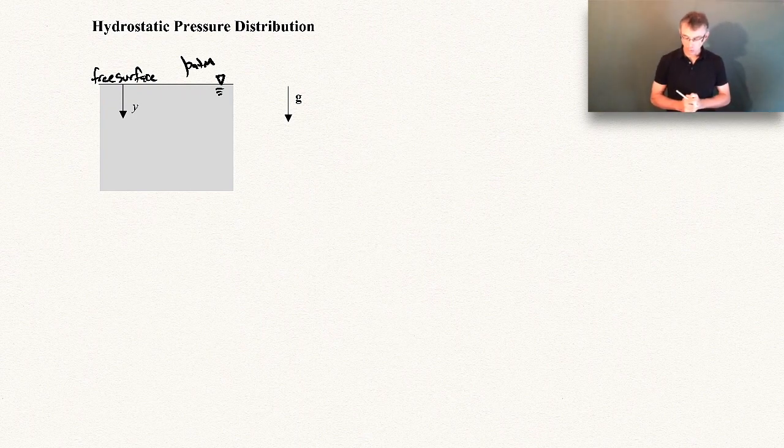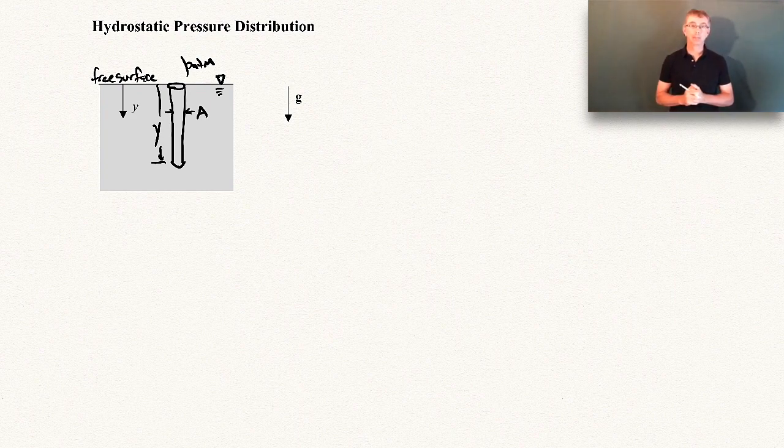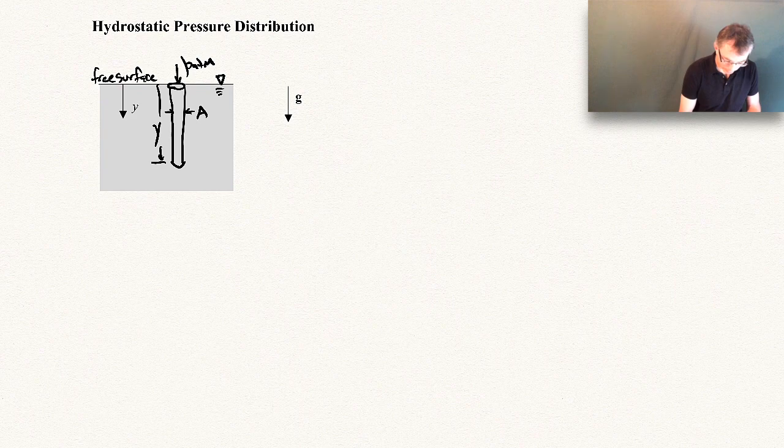Okay? So what I'm going to do in this derivation is take a little column of fluid that starts at the free surface and goes down some depth y. I'm going to make this cross-sectional area, let's just call it A. And I'm going to balance forces on that little column of fluid. So on the top, we have atmospheric pressure pushing down.